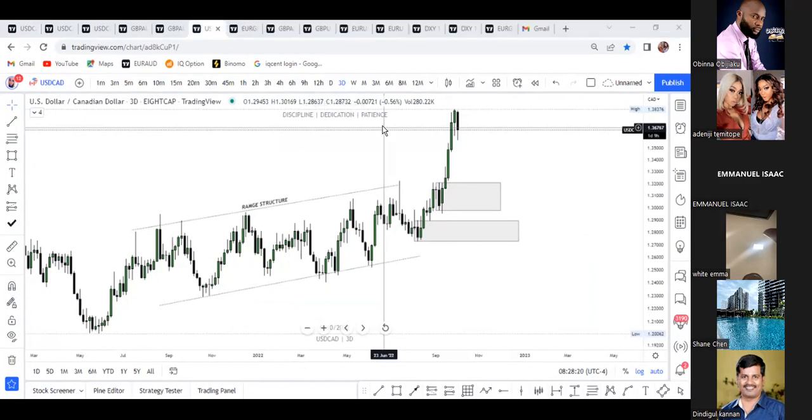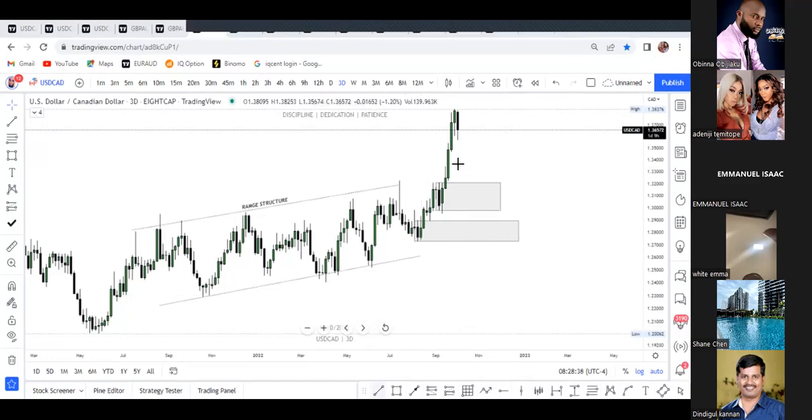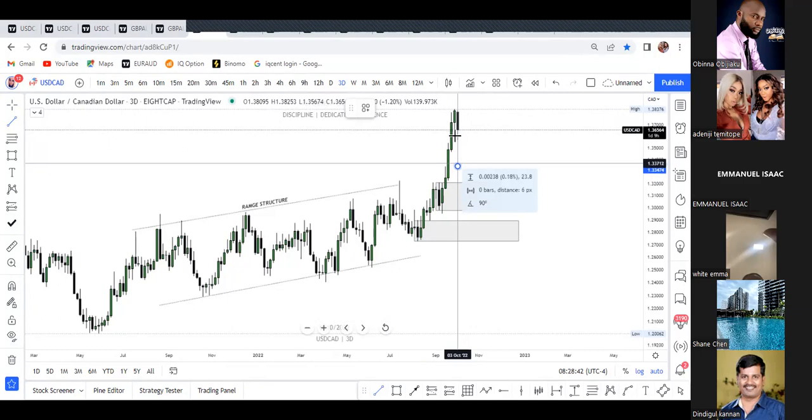A CB is an imbalance caused as a result of price trading on the sell side without offering a buy side. So what you are seeing here is a BC void. There is no sell side on this action.